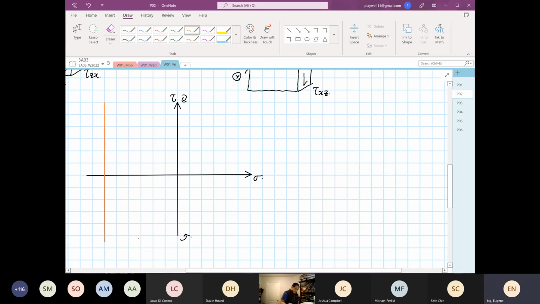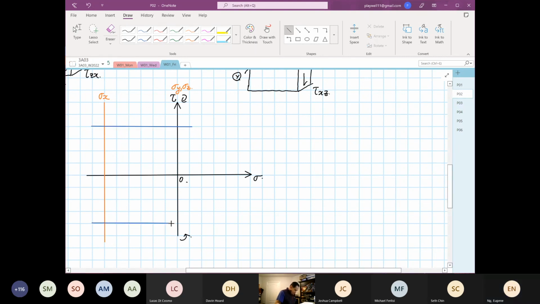This is where our stress x lies. Then we have our stress y and stress z, which have 0 stress, so this is 0. Then we have our shear. I'm going to put our shearing stress at a value somewhere around here.